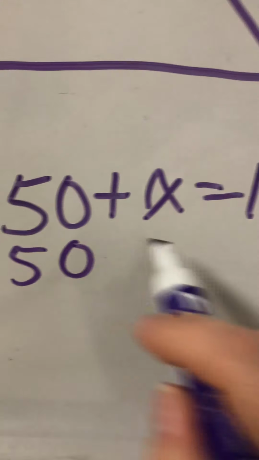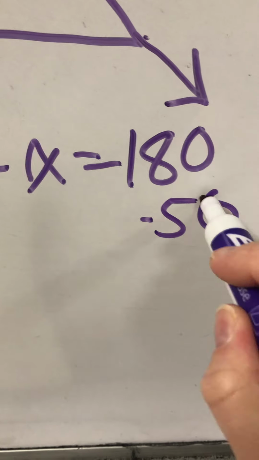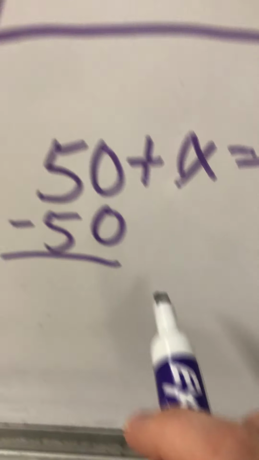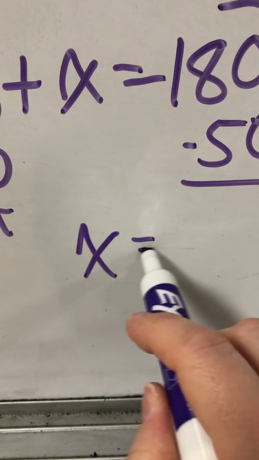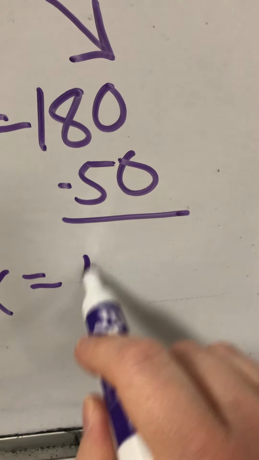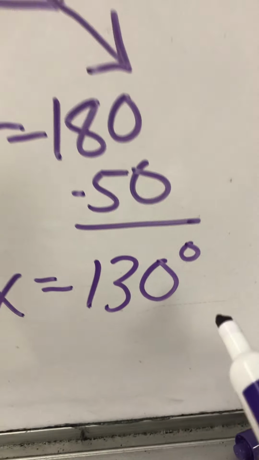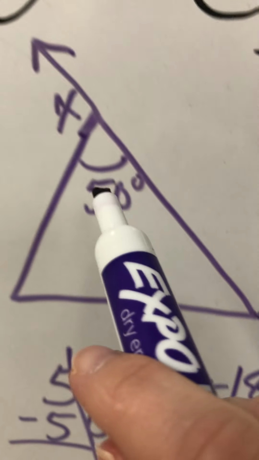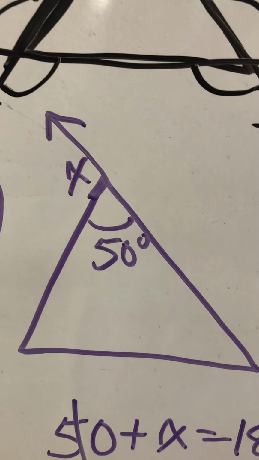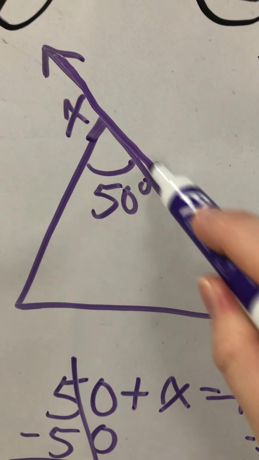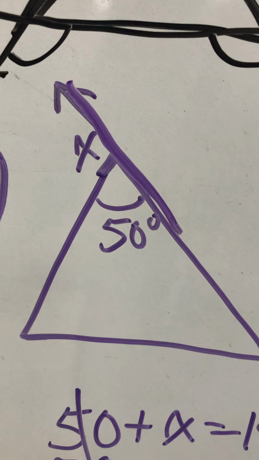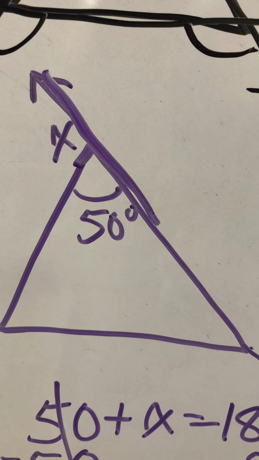Subtract 50 from both sides. That cancels out on this side. It would leave me with x, and this would be 130. So my x angle up in the problem is going to be 130 degrees. I knew that because this is a straight line, so it equals 180.